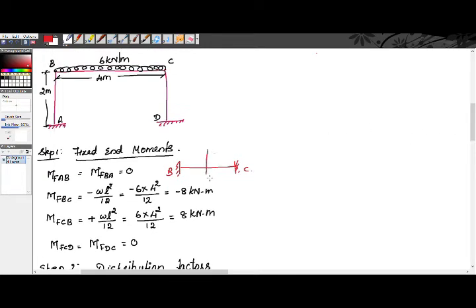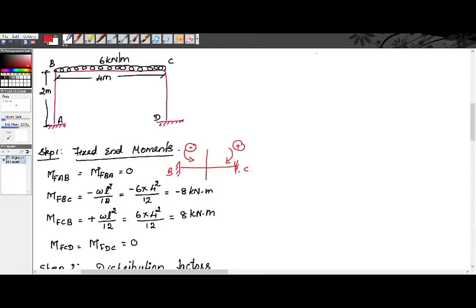So anti-clockwise. When you are taking the section, left anti-clockwise will be negative and right clockwise will be positive. That is why left is negative and right is positive. This minus represents anti-clockwise and plus represents clockwise. The fixed end moment formula for UDL is WL square by 12.